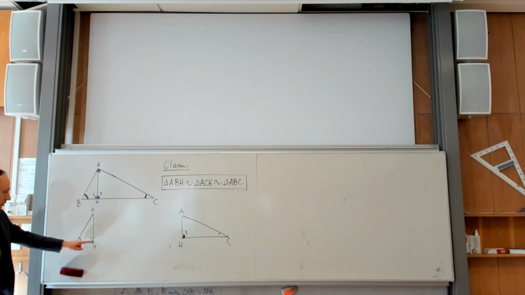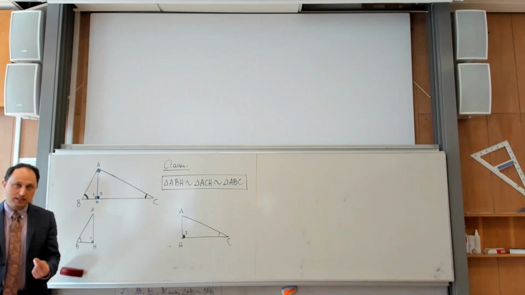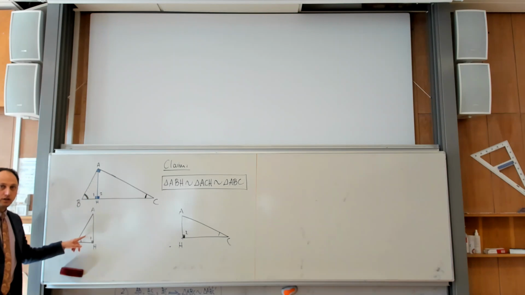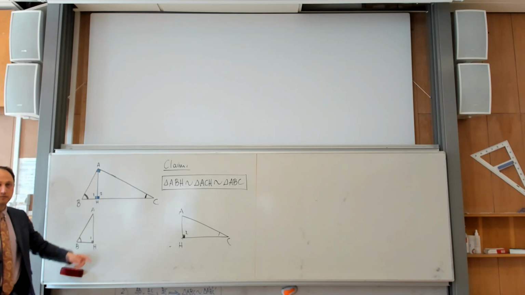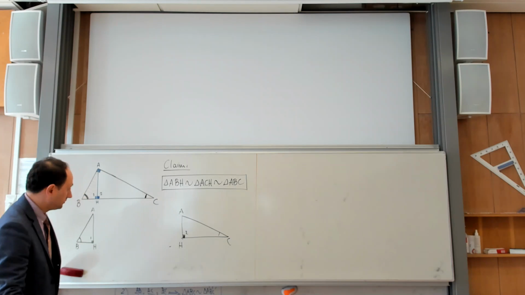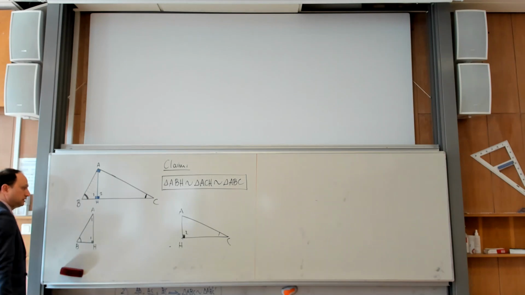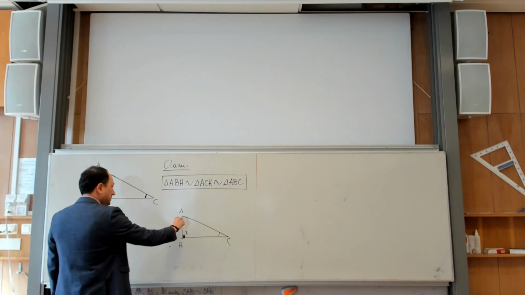This H1 is 90. H2 is also 90. At least one angle from here is equal to one angle from there. But what about the other angle? Can you say something about the other angle? So let me give you hints. So here I call it A1, and here I call this one A2.